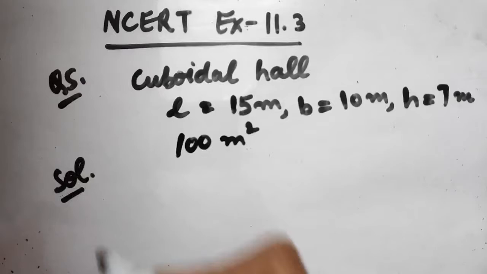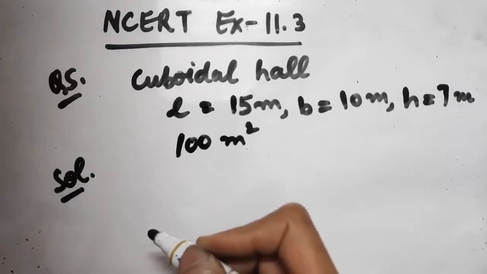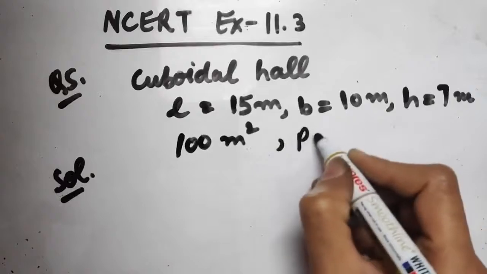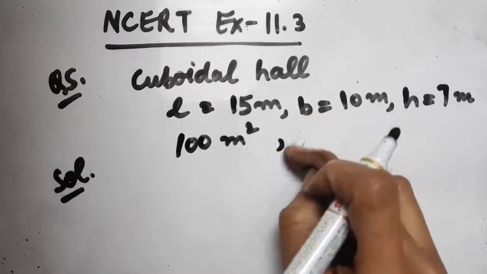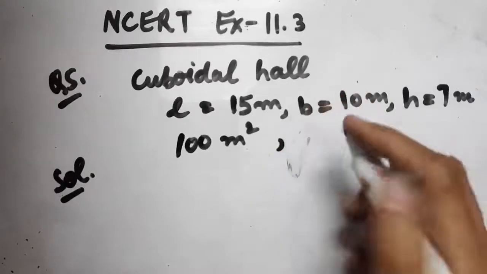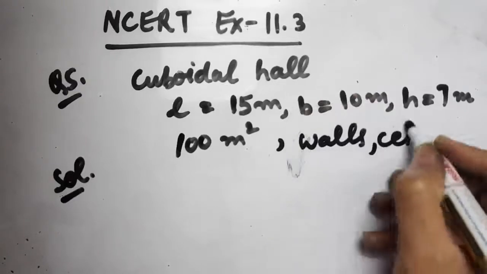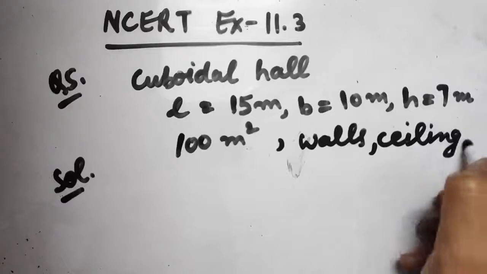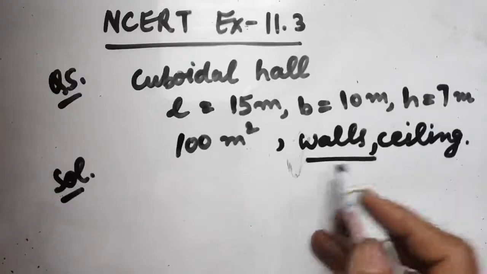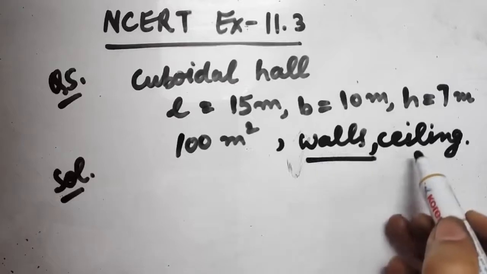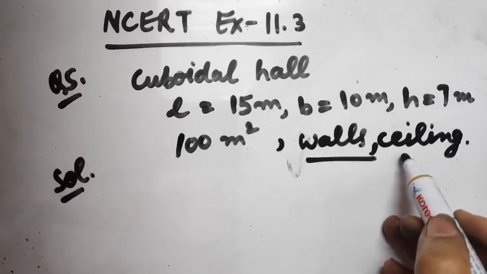Now, in this case, we are supposed to paint the walls. The point to note here is we are supposed to paint the walls and ceiling. So in this case, dear children, we will take the area of 4 walls and we will add the area of ceiling to that.